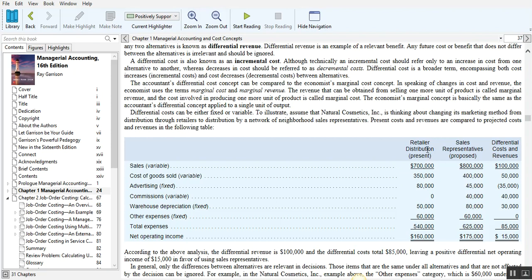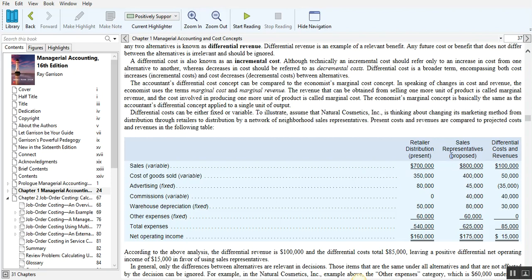They're going to use retailer distribution the way they're doing it now, which means they're not going to pay any sales commissions, but they are going to have these other costs like the warehouse, depreciation, other expenses, advertising, and those costs associated with it.